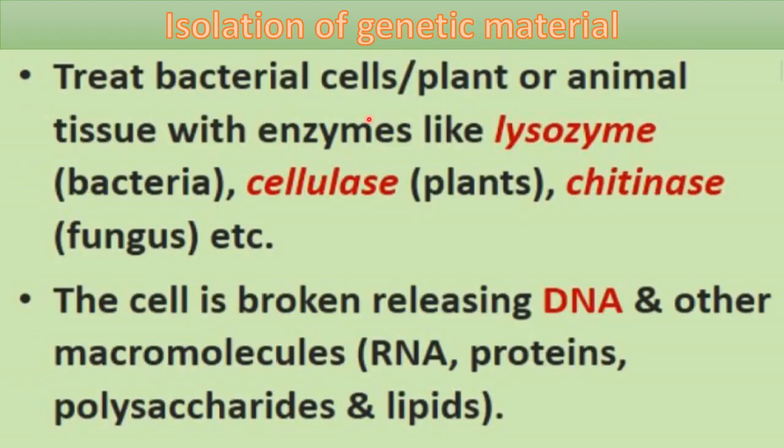So let's start with the first process, that is isolation of genetic material, or DNA. For isolation of genetic material, we treat bacterial cells, plant cells or animal tissue, because we have different types of cells from which we need to isolate the DNA.